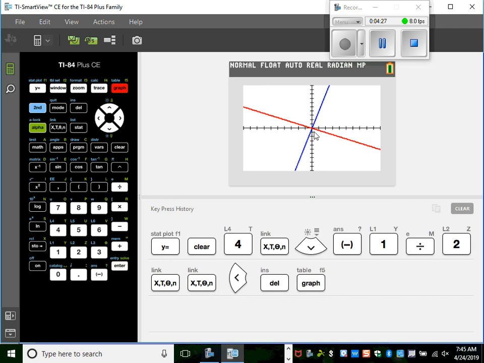So basically all direct variation equations are very easy to identify because they will always pass through the origin. Always. Okay, so that's how you can tell if a line is considered direct variation. And on your standardized test, they will give you multiple graphs, and they might say which one of these graphs represents direct variation. So you're looking for a line that passes through the origin. Okay, that is how you tell.